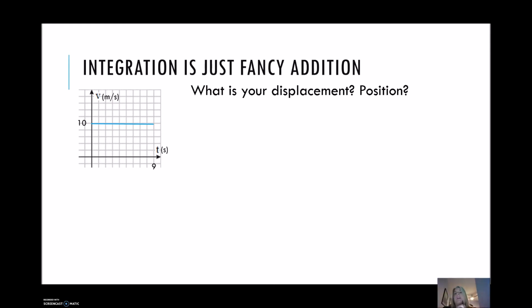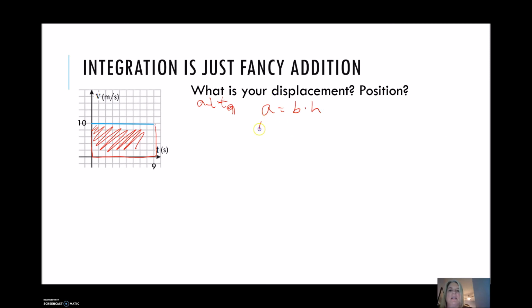So, for example, if here's my velocity versus time graph, and I want to know what my displacement is, say at t equals 9 seconds, we would just do this area up to 9 seconds. So area is equal to base times height.